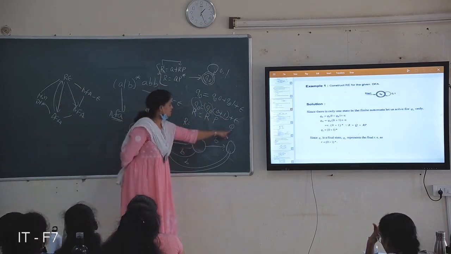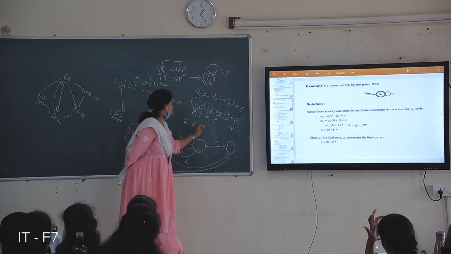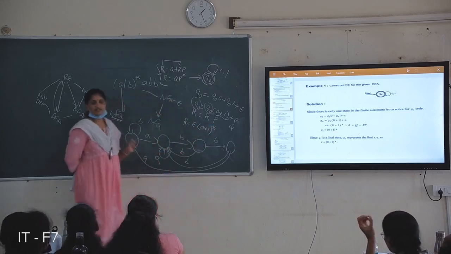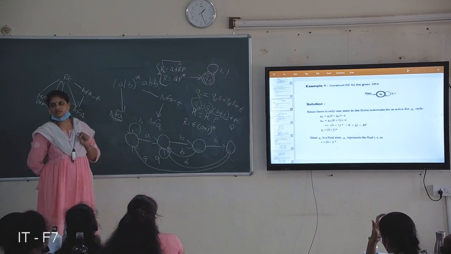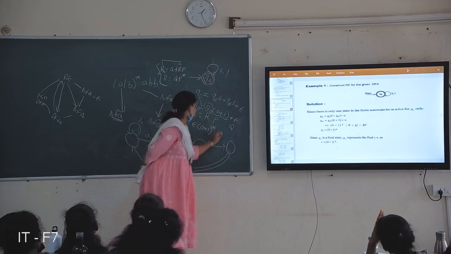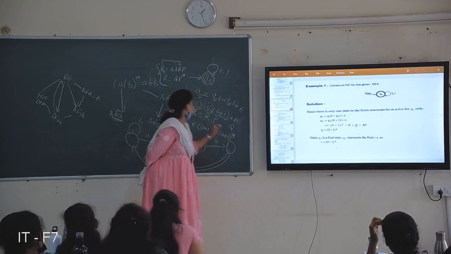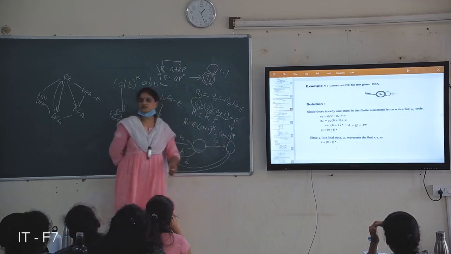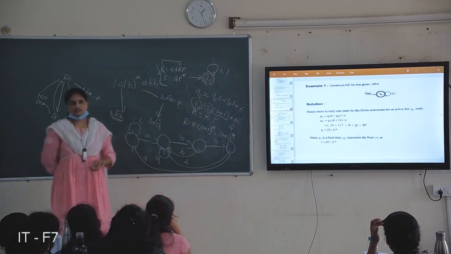Q means null, 0 plus 1 P star whole star. P star means 0 plus 1 whole star. So null into epsilon into 0 plus 1 star is nothing but 0 plus 1 whole star. So it accepts this regular expression, any number of zeros and ones. Like that you have to write.